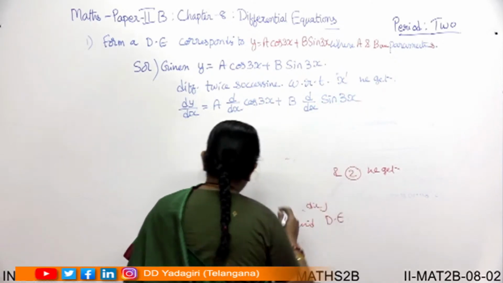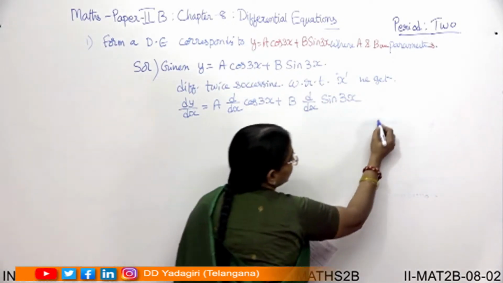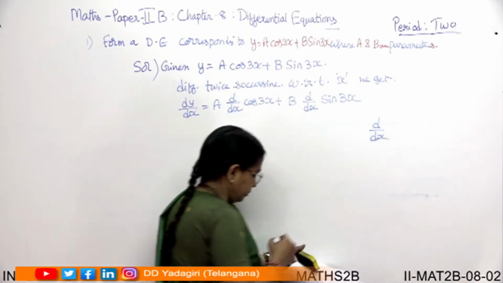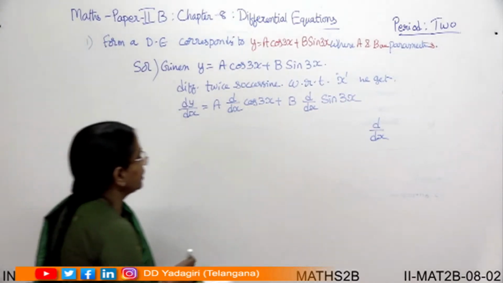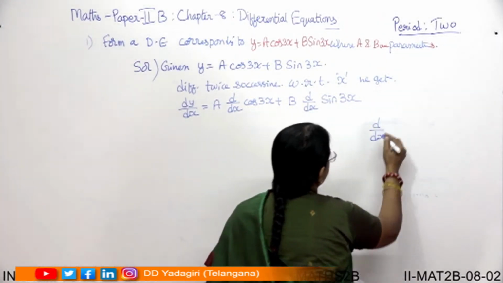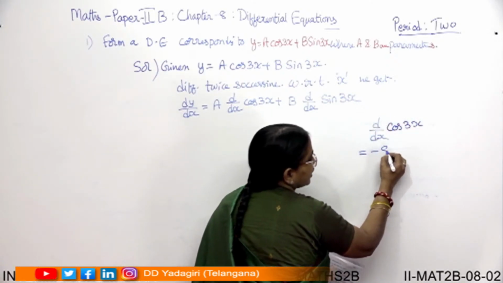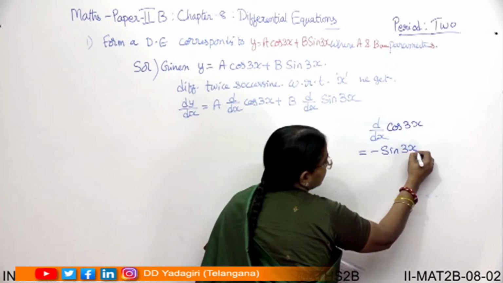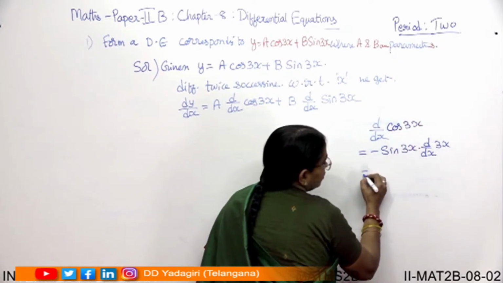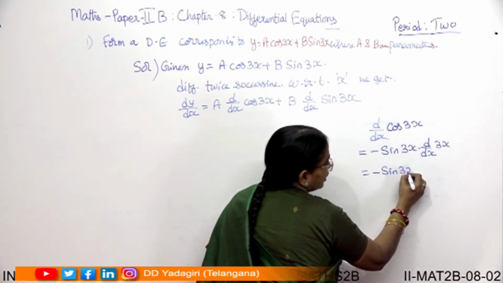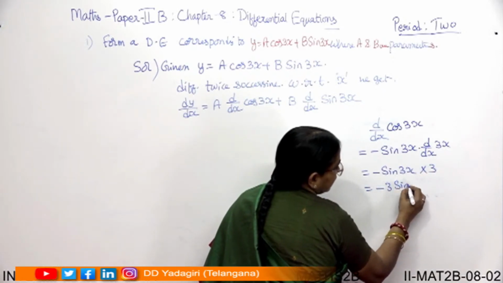So now what is the derivative of cos 3x? Outer function is cos. Derivative of cos is minus sin. So minus sin 3x into the derivative of the inner function. Inner function is 3x. So minus sin 3x into derivative of 3x, that is 3. So it is minus 3 sin 3x.